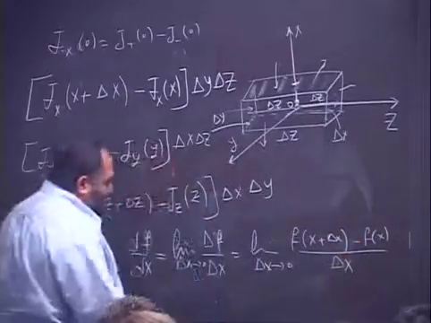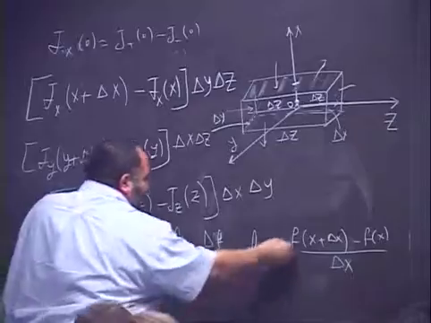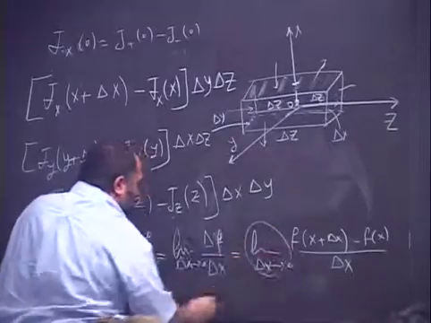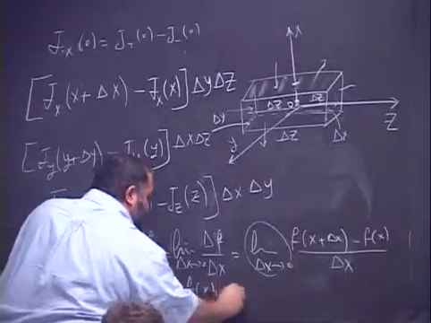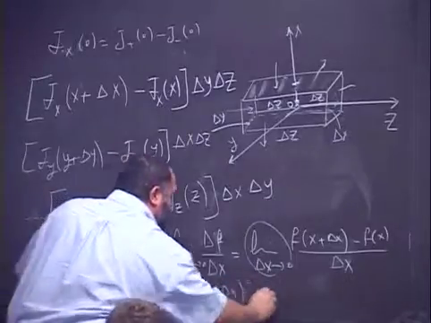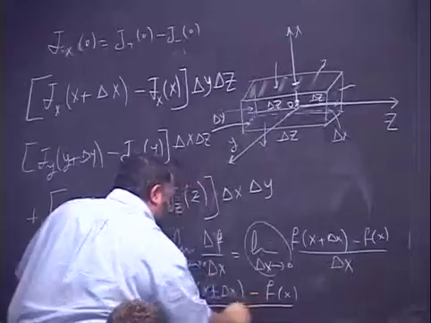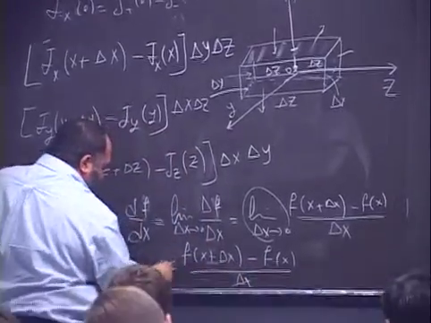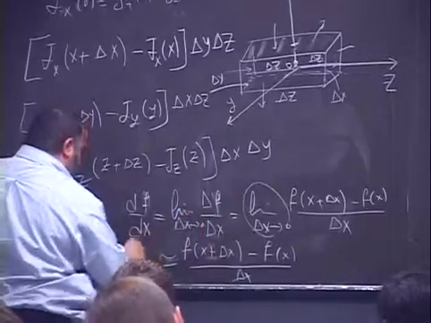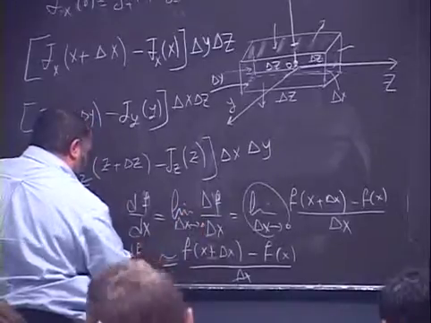And for very small delta x, we can drop the limit and just leave it like this, f of x plus delta x minus f of x divided by delta x, and this will be roughly df by dx.